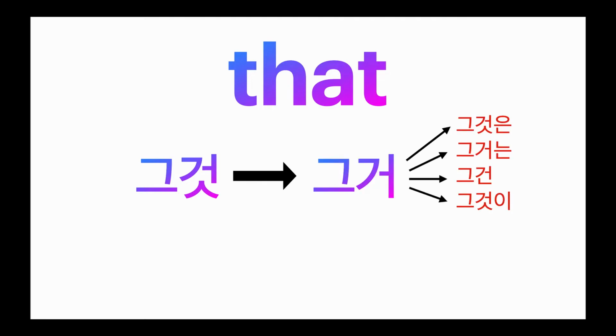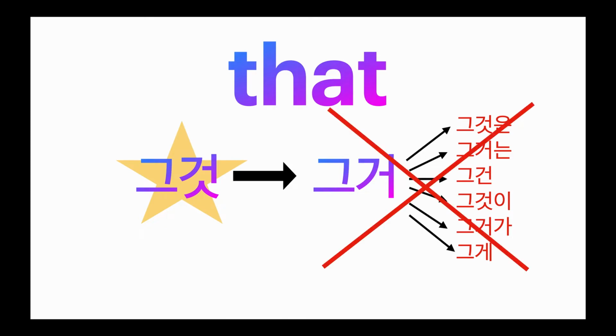Okay, let's focus on 그것 for just a second. 그것, just like 이것, is very often abbreviated to 그거. And there are a lot of combinations depending on which particle you add to it. But for today and today only, we are going to focus on 그것 and ignore all of the possible combinations.